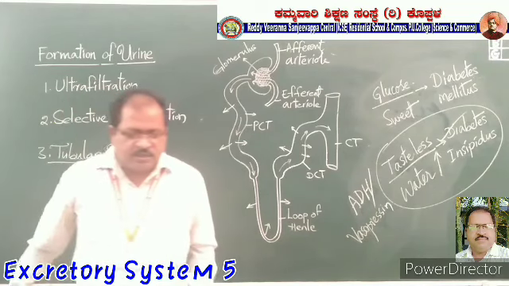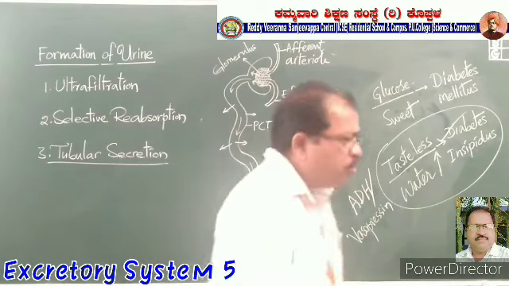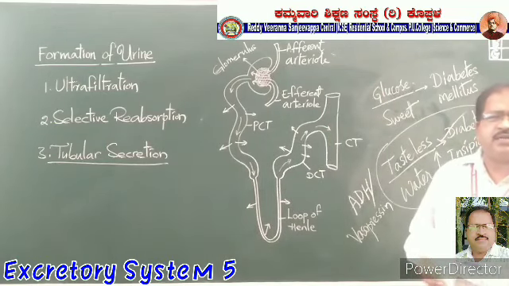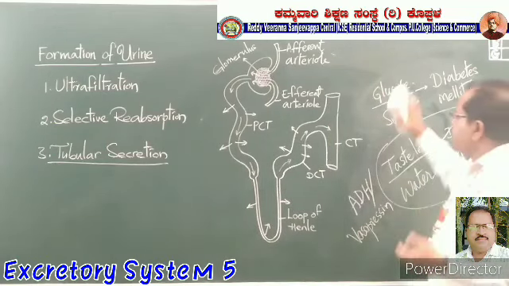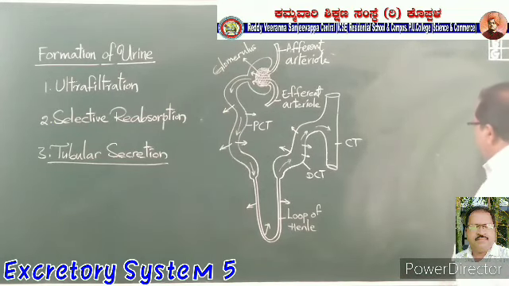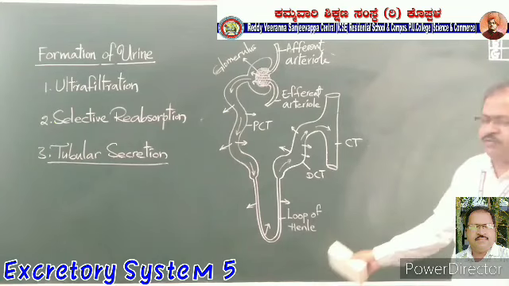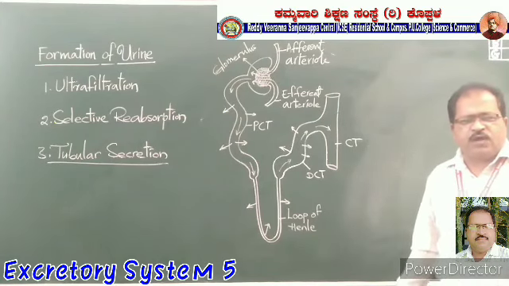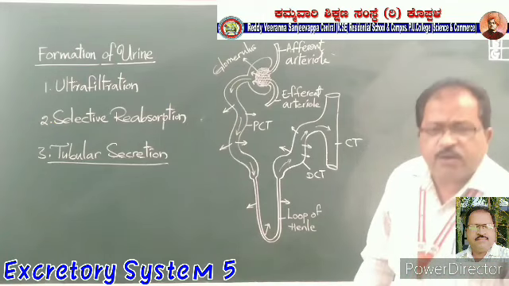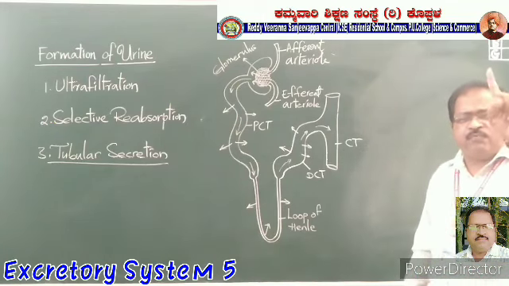Okay, but in your locality or among your relatives, somebody may say that their kidneys are not working properly. Actually we have two kidneys, one pair, but the metabolic activities going on in our body can be maintained by one kidney.